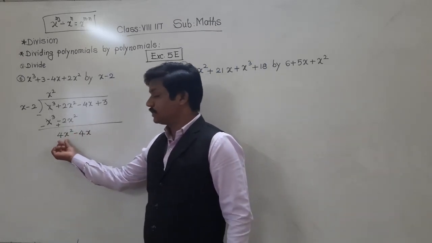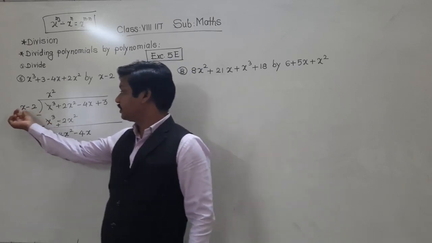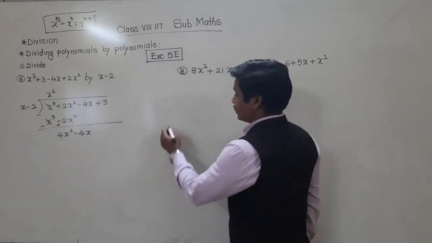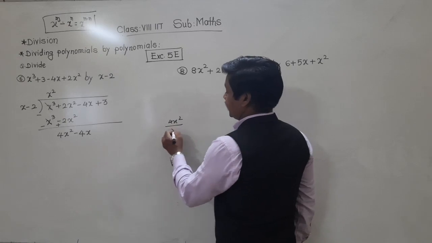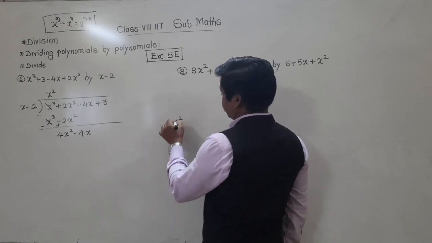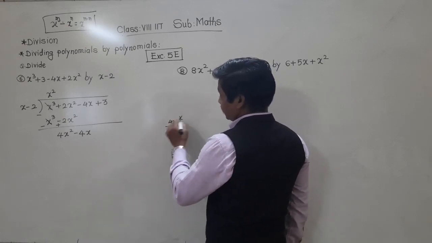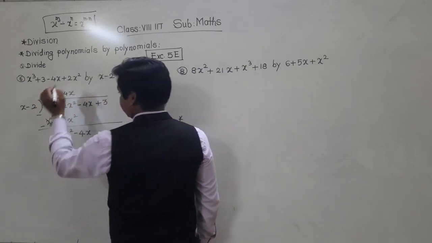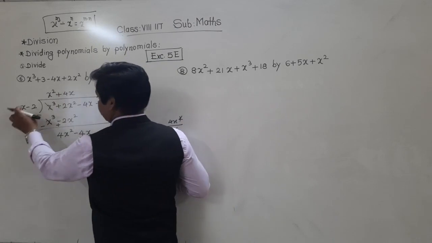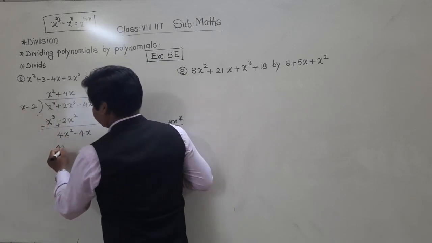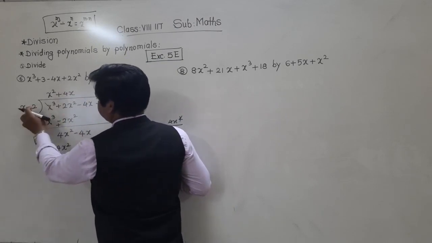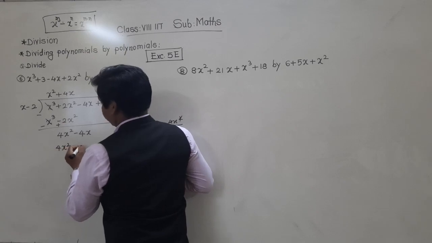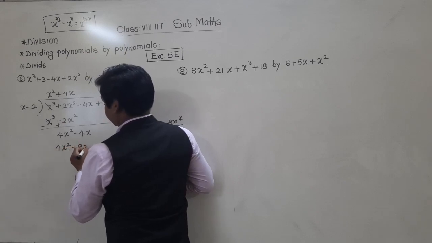Again, first term of this polynomial divided by first term. So 4x square divided by x. x square from x square, 1 x will get cut, remain 4x. So here plus 4x. Okay, so 4x into x, 4x square, and 4x into minus 2, minus 8x.